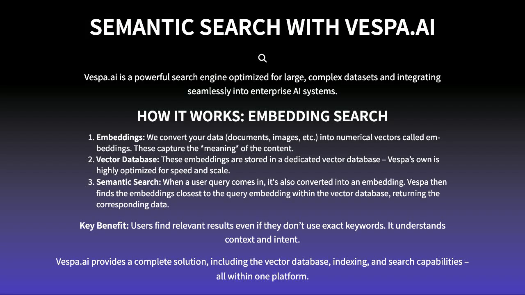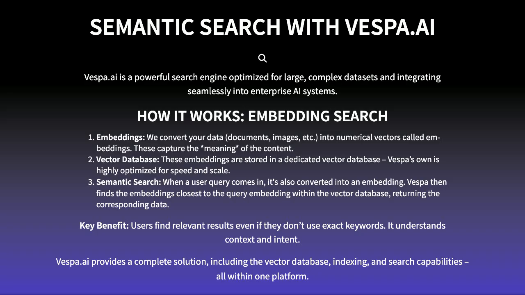Let's talk about how Vespa AI makes semantic search happen in enterprise AI. Essentially, it's all about understanding meaning rather than just matching keywords. We first turn our data, think documents, images, into numerical representations called embeddings. These embeddings capture the core ideas within each piece of content.